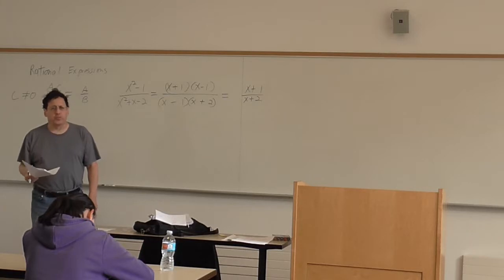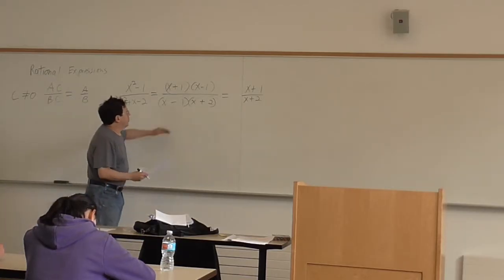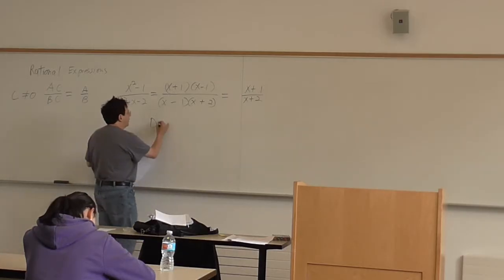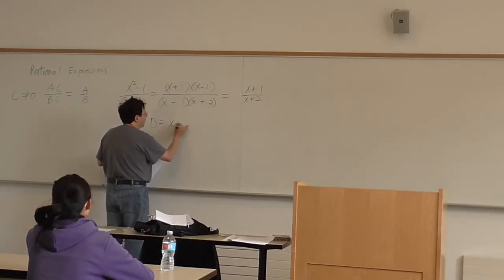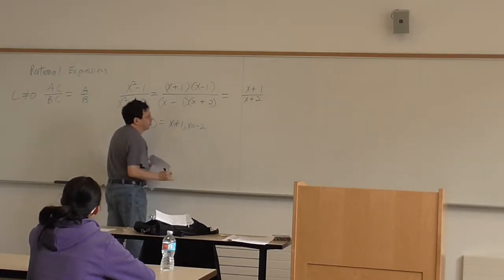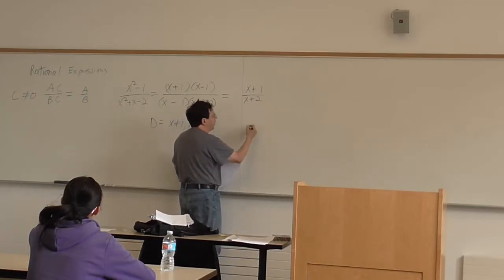When you simplify an expression like this, you want to be very careful, because the domain has not changed. Here the domain is, I'm going to leave out the real part for now, just x not equal to 1 and x not equal to minus 2. Well, here you only see the x plus 2 in the divisor.